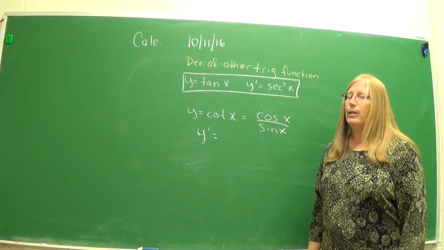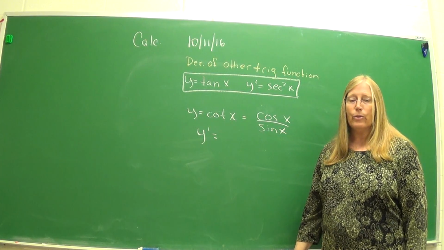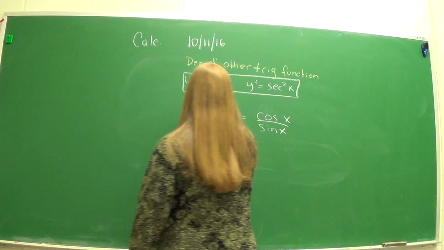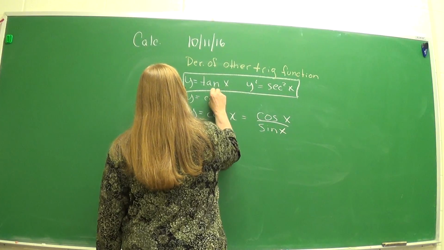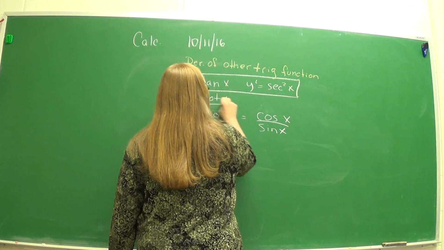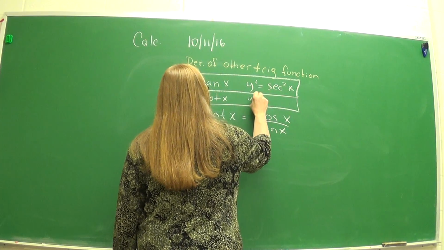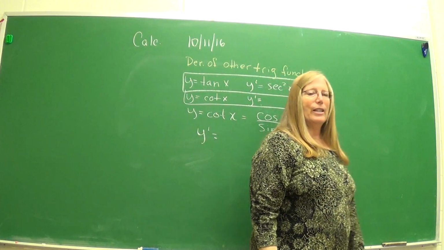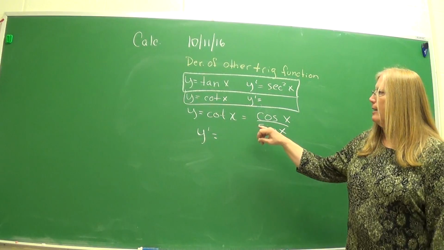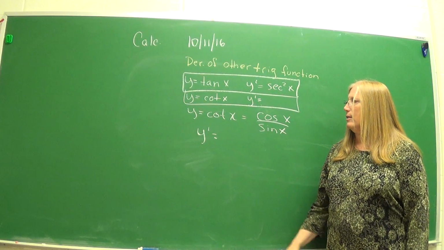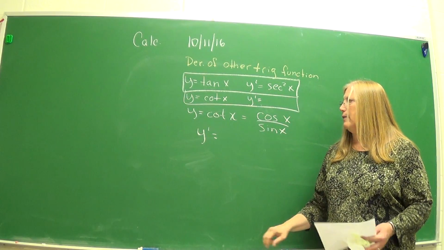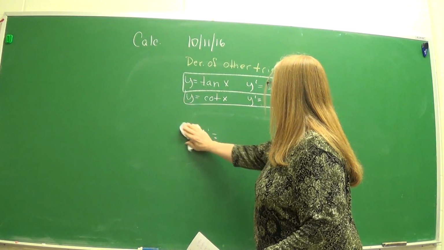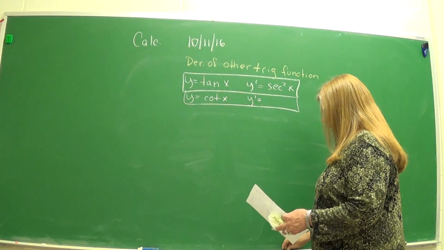I'm going to see if you can establish that on your own and bring it into class tomorrow. So here's what I give you: y equals cotangent x, and you give me y prime equals something. Use the quotient rule like I did with the tangent, and you will get the derivative of the cotangent. I'll do one more and you'll do one more, and we'll call it a night.